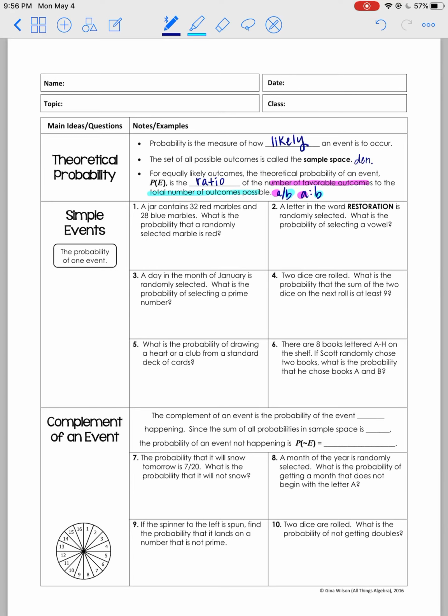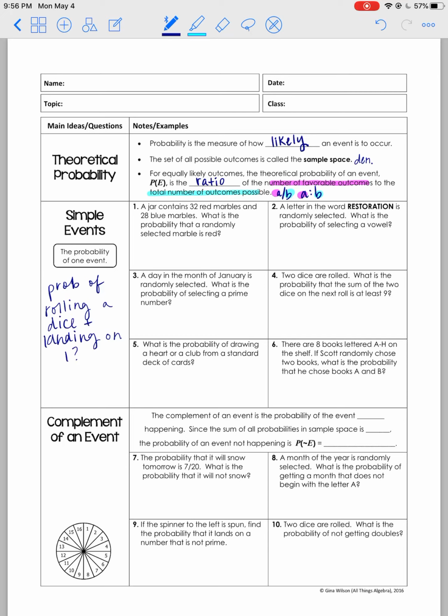All right, so I'm going to give you a really simple example just to start us off, kind of as a reference point throughout this lecture. If I say, what is the probability of rolling a dice and landing on 1?